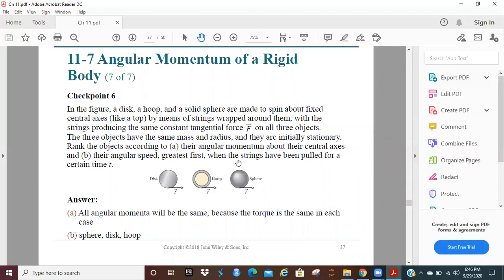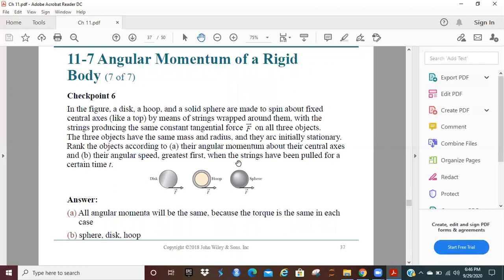So in the figure, you've got a disk, a hoop, and a solid sphere. They are all made to spin about a fixed central axis, like a top, by means of strings wrapped around them, with the strings producing the same constant tangential force on all three objects.